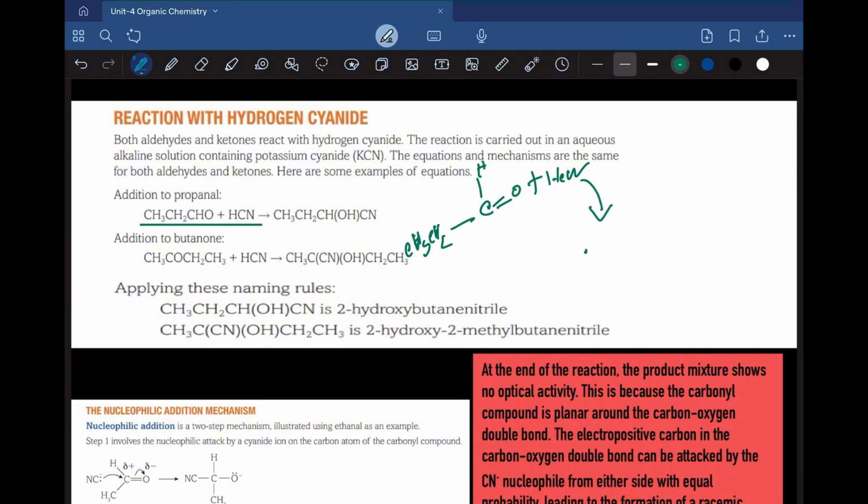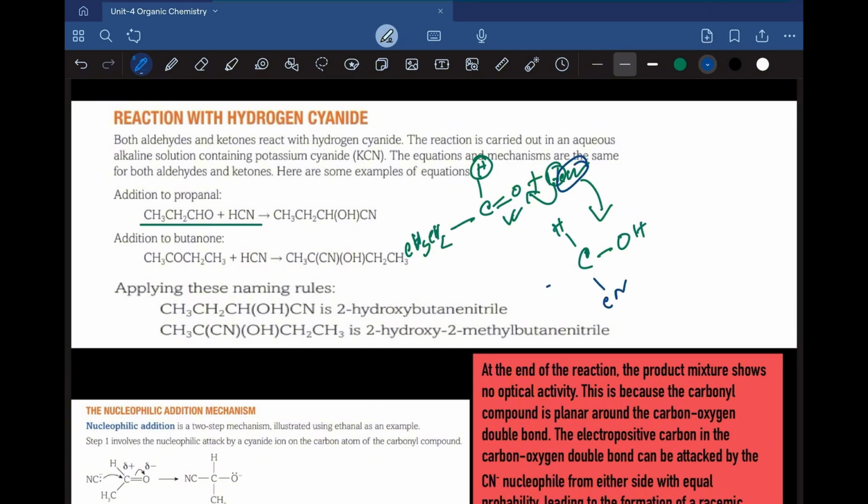this C breaks this double bond and it becomes OH, because this H comes and bonds with this O. This particular H remains right here, and this CN will come and bond with this carbon.